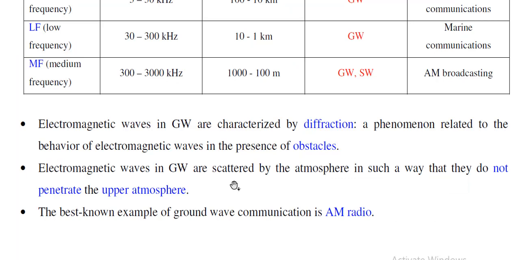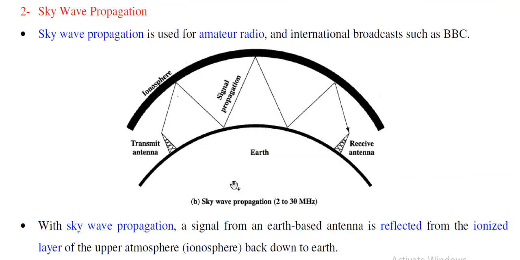All right. The second type is the sky wave. Here we deal with what you call an ionosphere layer above the Earth. We have many layers. The last layer that separates the Earth from the outside space is called the ionosphere layer. This layer is ionized, so it has some characteristics.